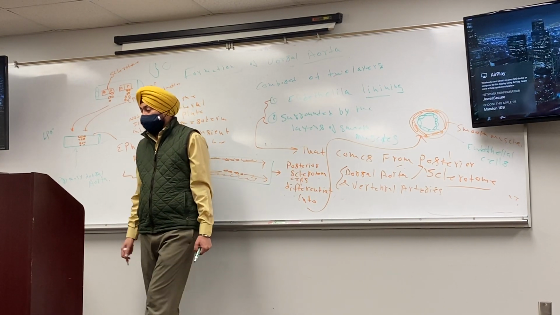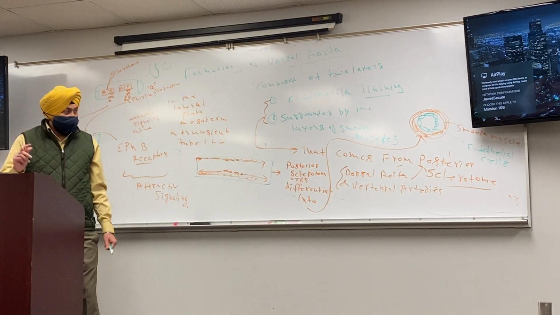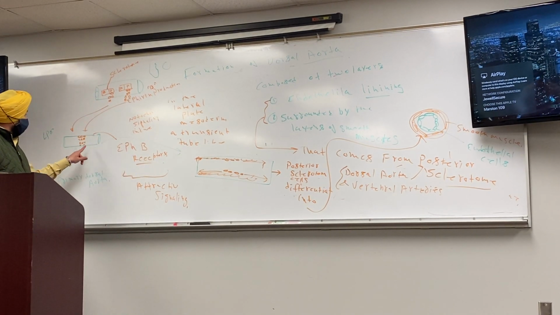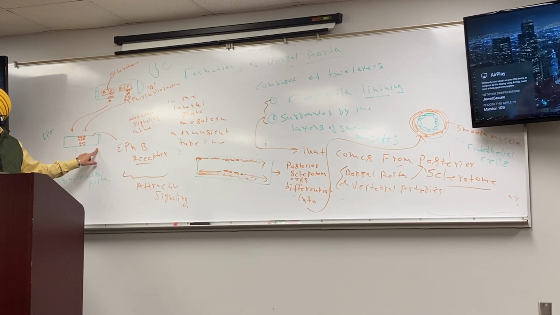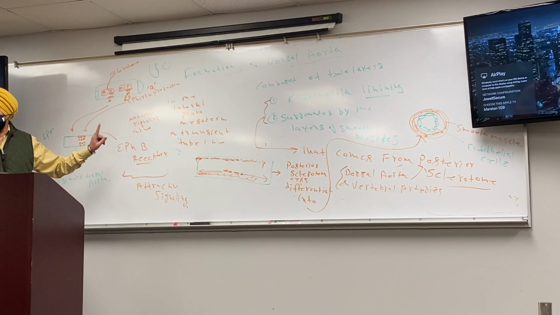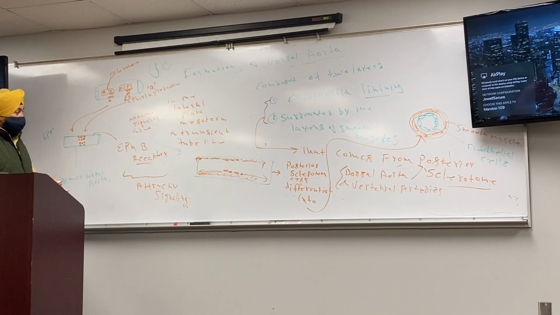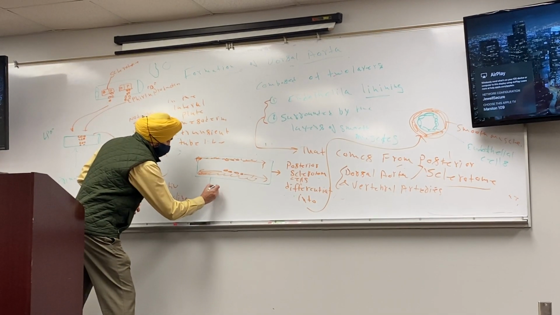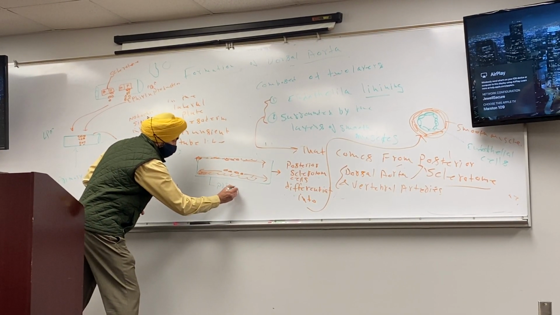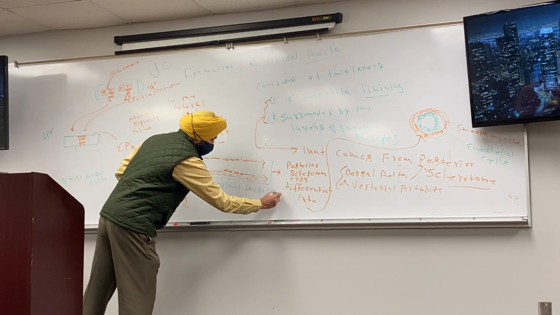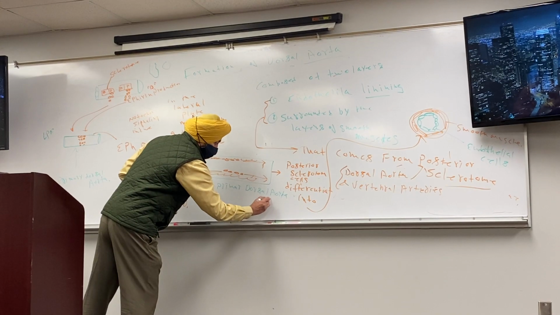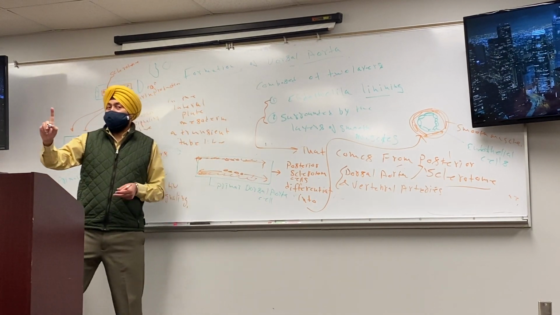Now, what happened to the cells which were making the primary dorsal aorta? The primary dorsal aorta cells are from lateral plate mesoderm, right?